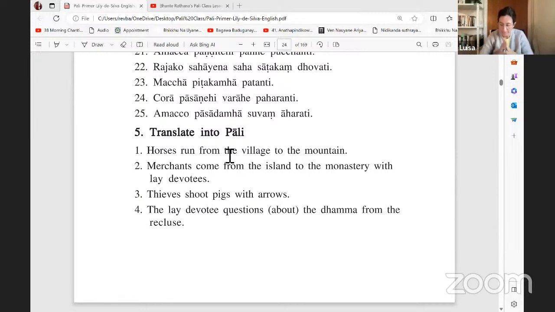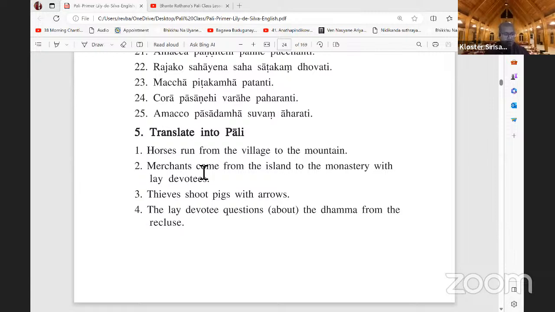Vanija upasakehi saddhim dipamha viharam agacchanti. Very good. So here also you can understand the ablative case. Upasakehi saddhim dipamha viharam.